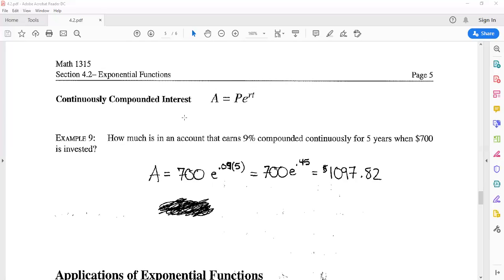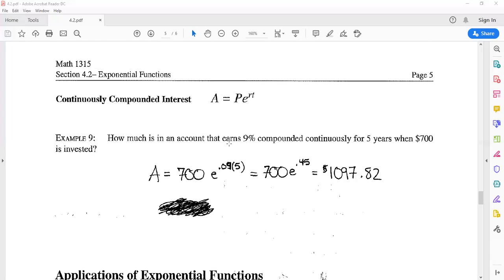So this example here asks us how much is in an account that earns 9% compounded continuously for 5 years when $700 is the initial amount invested. So we'll just go ahead and plug away here. 700 times e to the interest rate, which is 0.09.